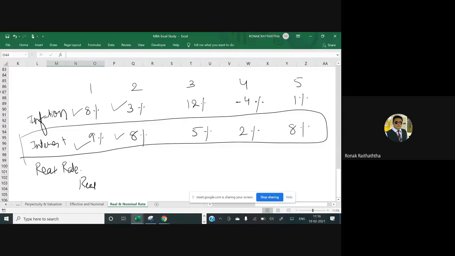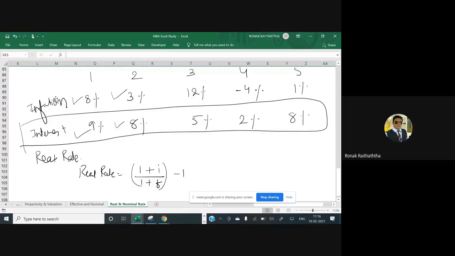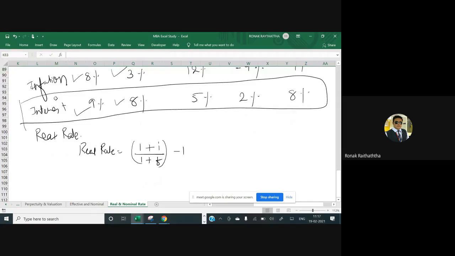So for the first one you have got 0.009.